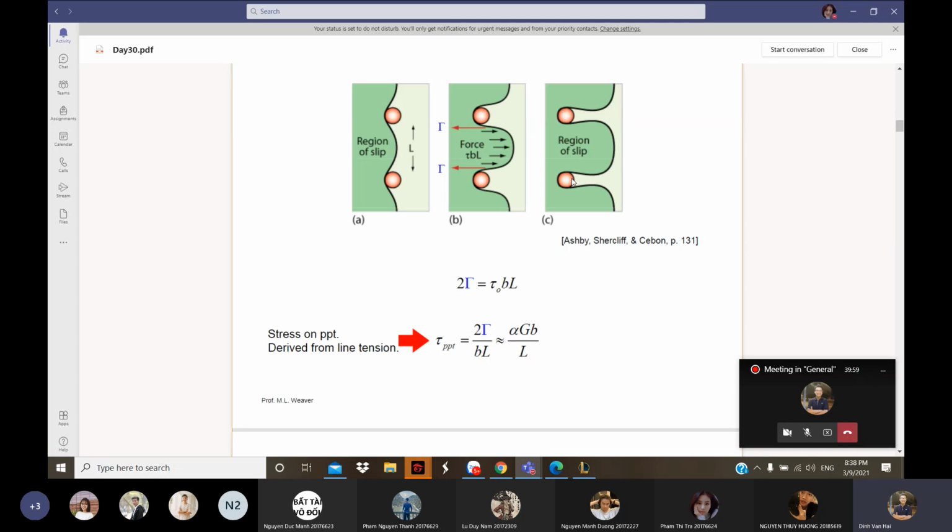So it depends very much on the property of the particle, and also the particle distribution, so they can calculate the value of shear stress that makes the dislocation continue moving.